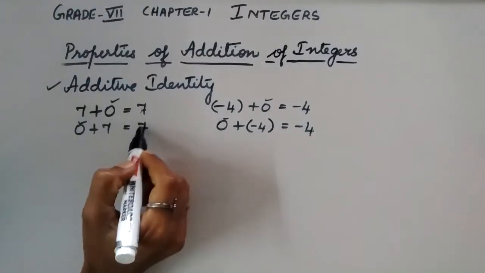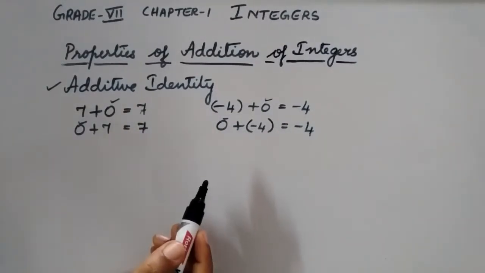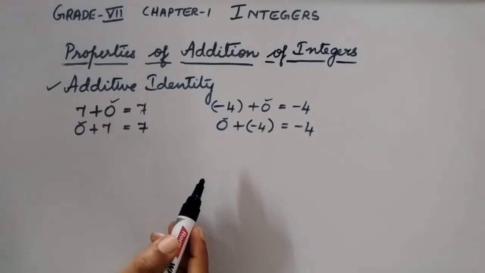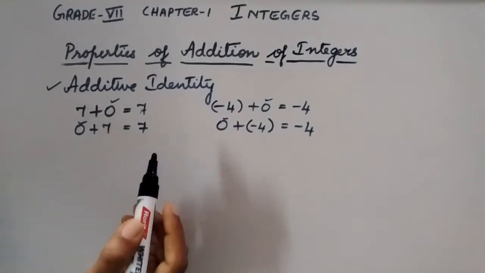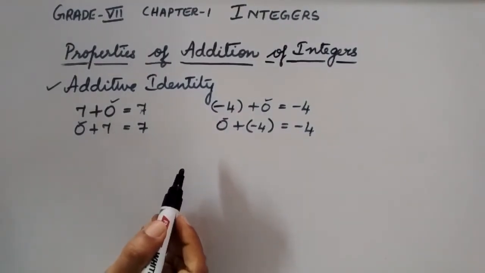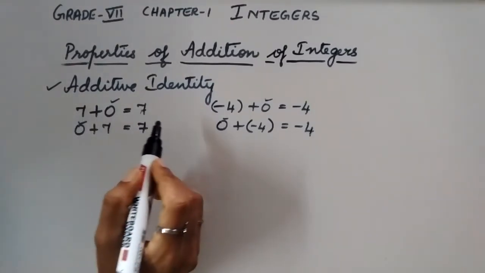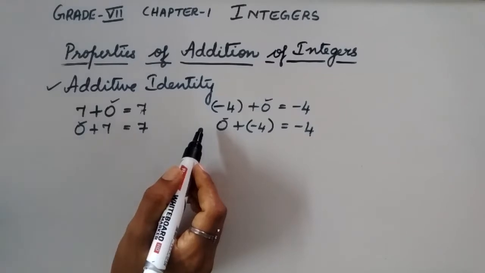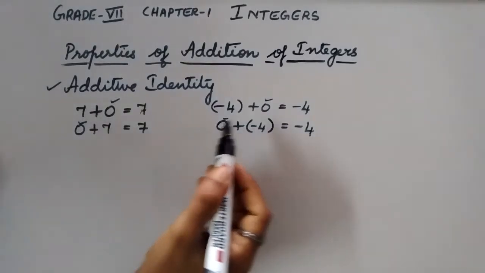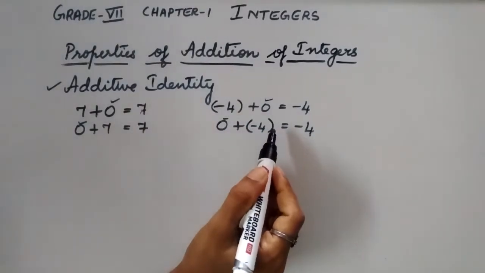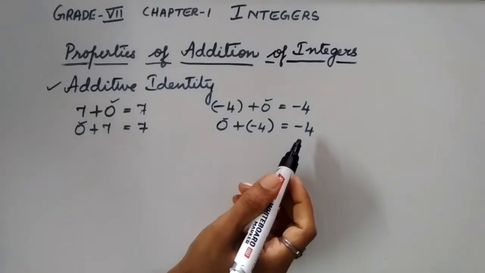Here it is 7 and 7, here it is minus 4 and minus 4. So that is called the identity. Adding 0 to any integer will not change the value or the identity of that integer.